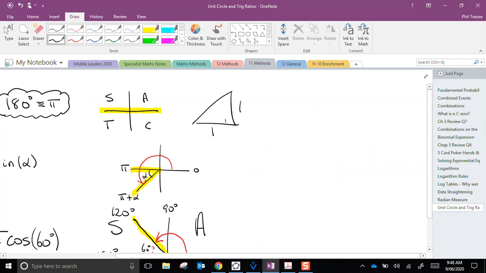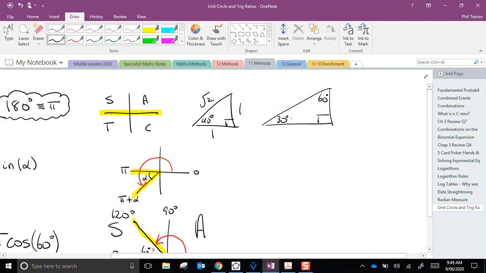With a right angle triangle with unit side and unit height, that would be a 45 degree, and the hypotenuse would be root 2. I always remember that one by remembering that tan 45 equals 1. Then I have a different one. This is the 30-60 degree triangle, and I always remember that sine 30 equals a half. So if sine 30 equals a half, opposite must be 1 and hypotenuse must be 2.